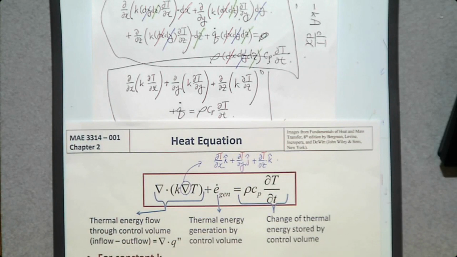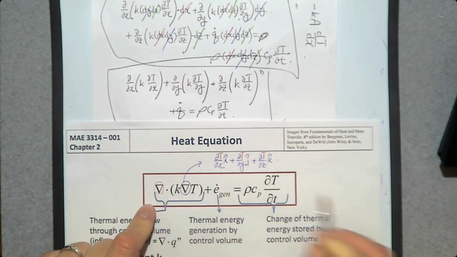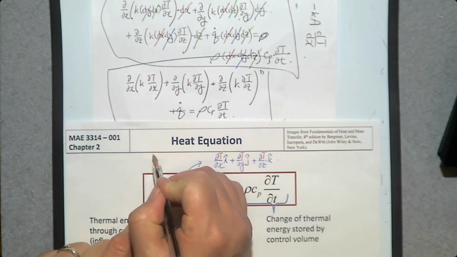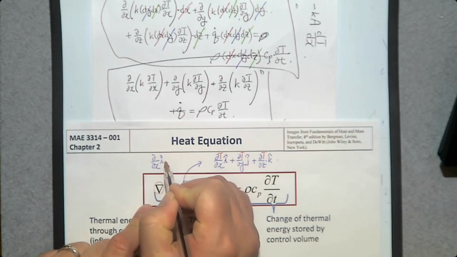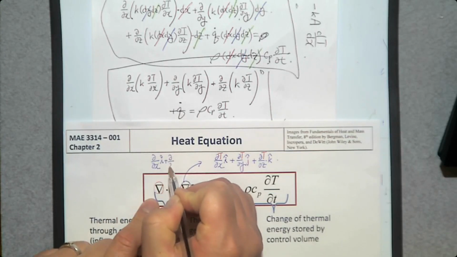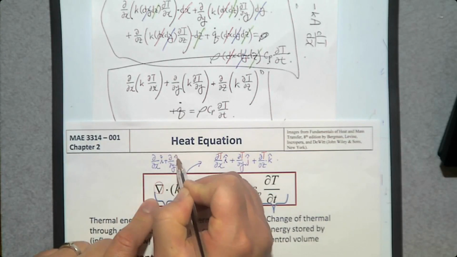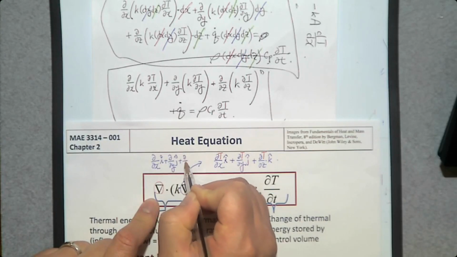Now, what about this divergence? Oh, it looks similar. We have upside down triangle. So let's talk about that one first. How to interpret this one? We have upside down triangle, so that means partial over partial x i plus partial over partial y j plus partial over partial z k.